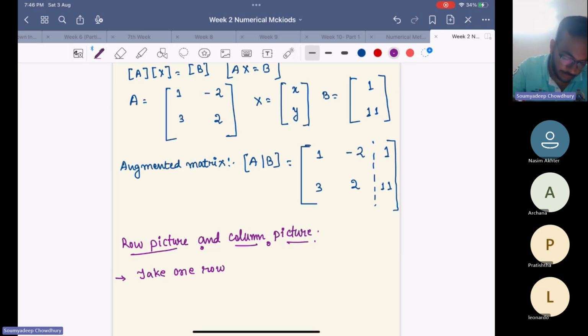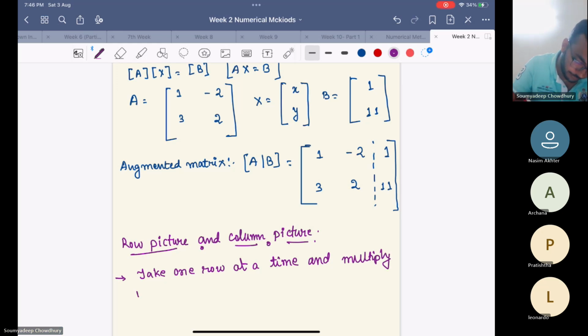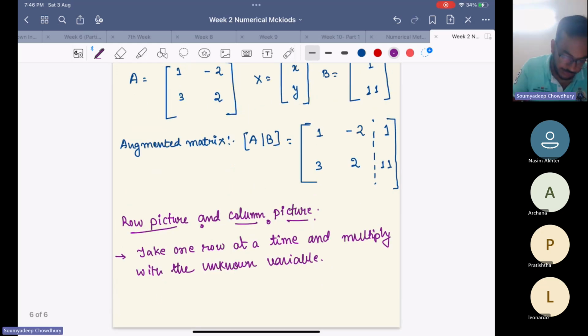We take one row at a time and multiply with the unknown variable or the unknown matrix. So it is basically A into X. It will be row 1 into X, and row 2 into Y.